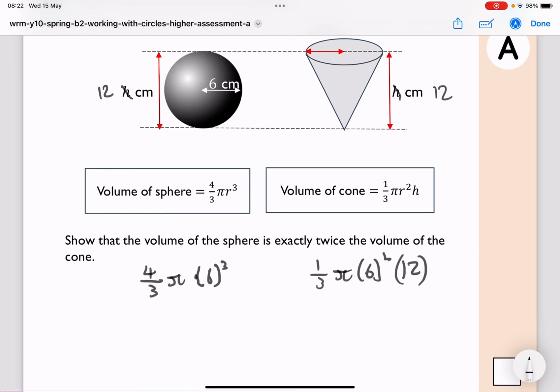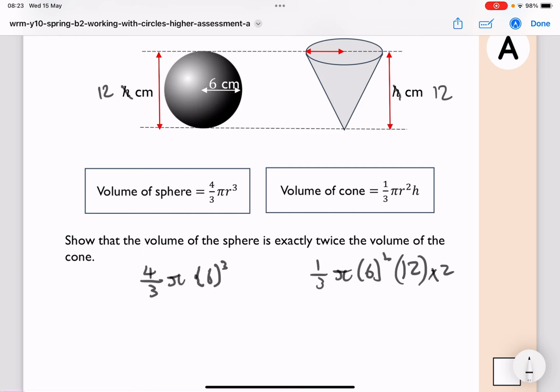Okay, and it says show that the volume of the sphere is exactly twice the volume of the cone. So one thing I could do here is just multiply the cone by 2. Okay.